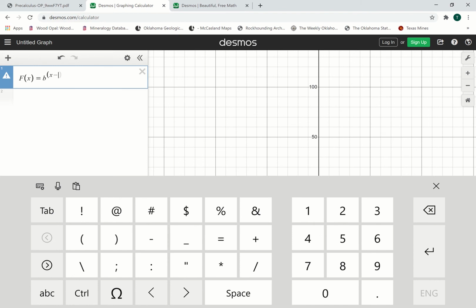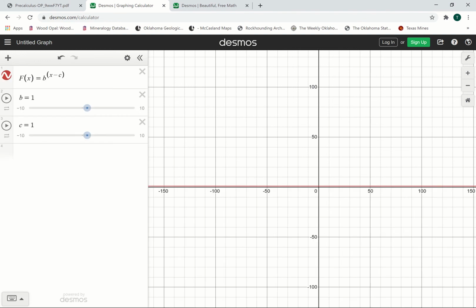We're going to make sliders for b and c. Okay, so here we have growth. Our b is greater than 1. Notice that we will move to the right when c is positive.